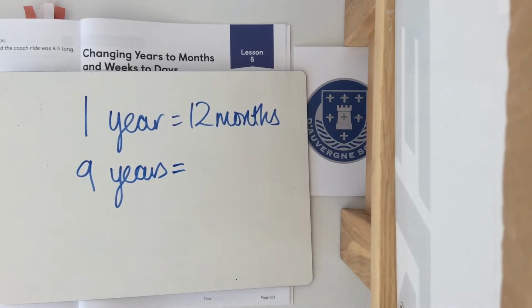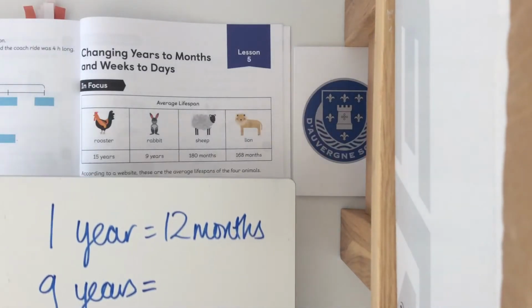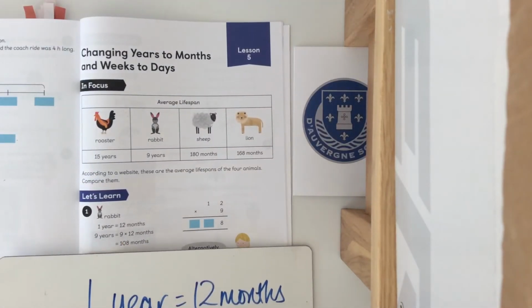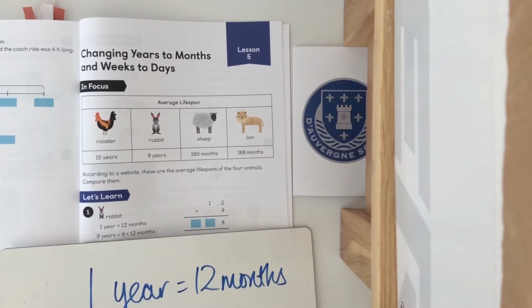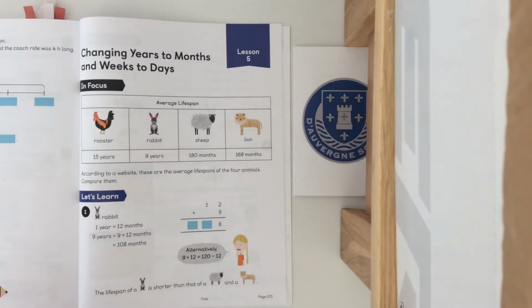Think about what operation we have to do here. Think about what we had to do when we converted minutes into seconds, minutes into hours, hours into minutes. It's a similar process. Have a go. So we are in fact going to multiply the 9 and the 12.